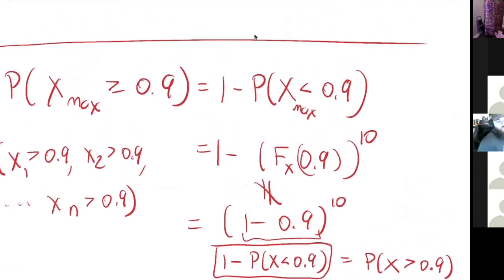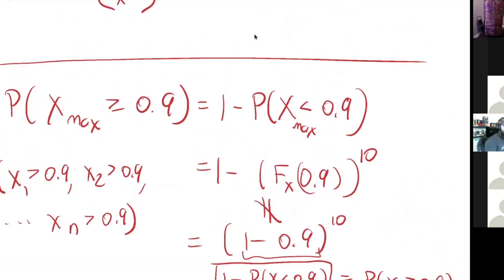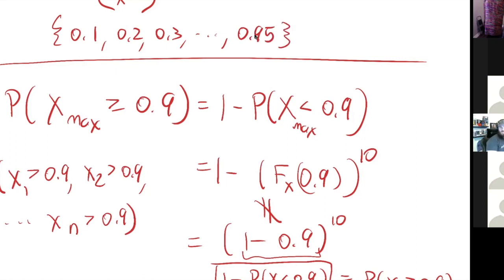That's different than saying we want all of these things to be bigger than 0.9. If I have a data set picking from a uniform distribution from 0 to 1, and I have an entry like this, if I picked a sample like this, this would satisfy the fact that x max is bigger than 0.9, but that doesn't require each individual thing being bigger than 0.9.